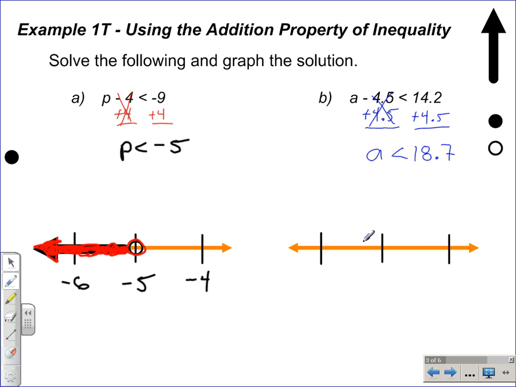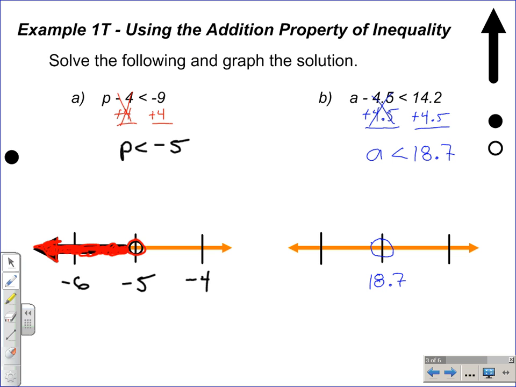To even simplify making your number line a little bit more, all you really have to do is label the number that you solve for as the middle mark. So I'll label that 18.7. Since this is a less than symbol with no equal sign in it, I would use an open circle. And I would shade to the left because it's less than.